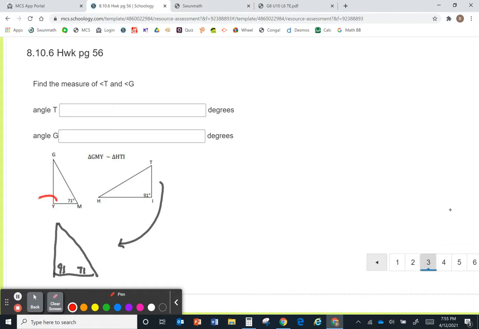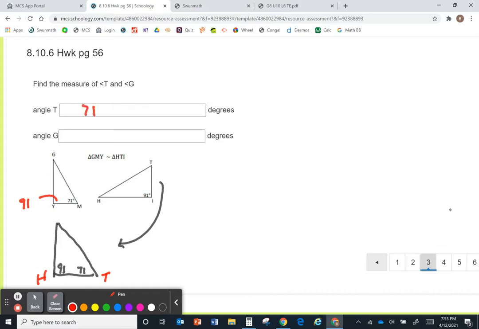Angle Y is going to be 91. Then angle T is going to be 71, and angle G we have to figure out.